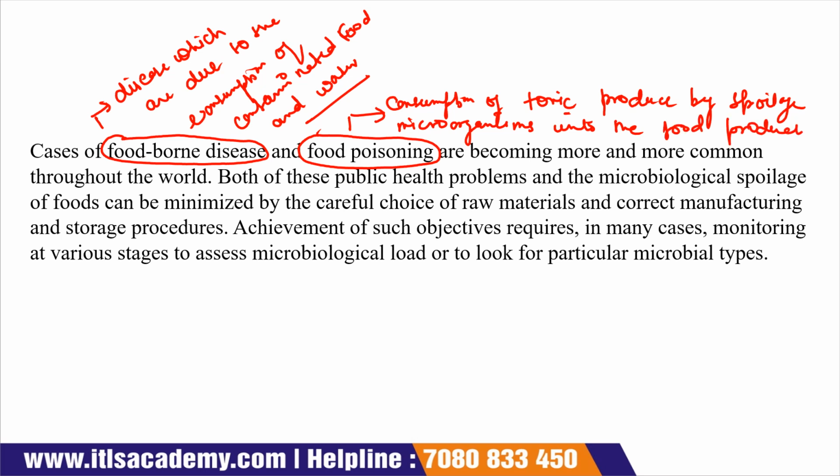Now, we all know that these cases are becoming more and more common throughout the world, and it will ultimately affect public health and also give rise to microbiological spoilage.